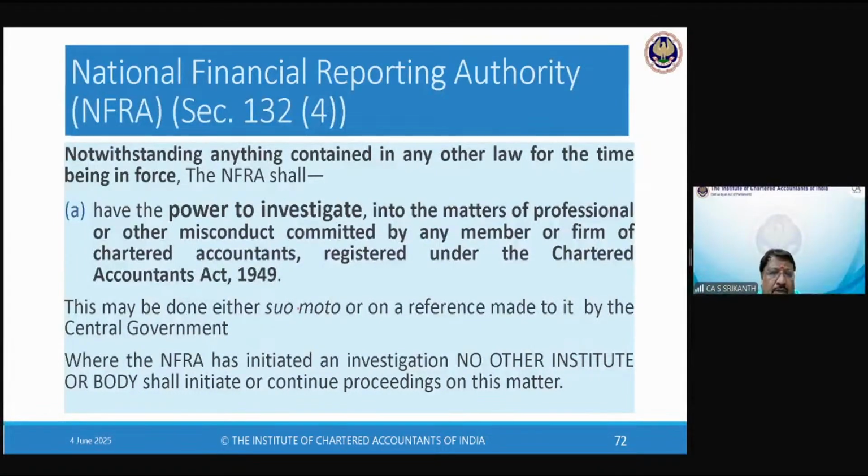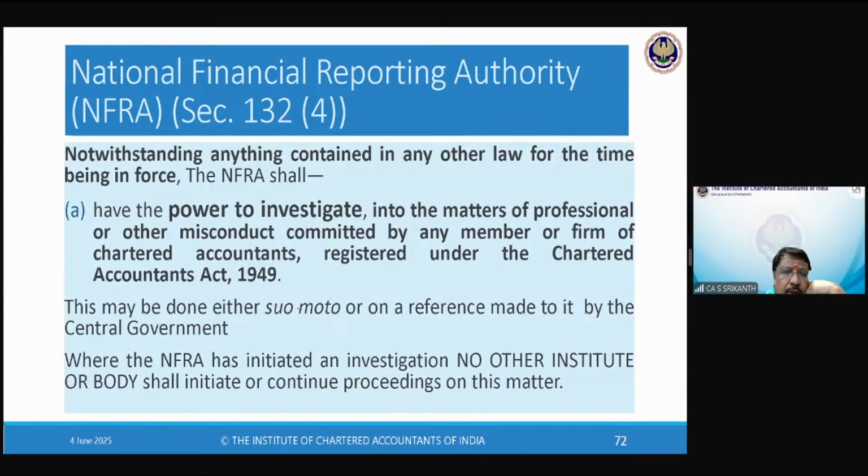Now the whole disciplinary mechanism is two-tiered, where certain companies which are not covered by NFRA, the member would continue to be investigated, and the code of conduct and disciplinary committee will be our own internal. But suppose it is governed by NFRA, then NFRA will investigate into the matters of professional or other misconduct.